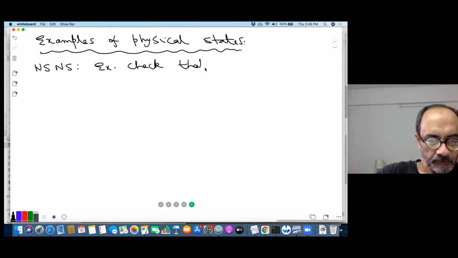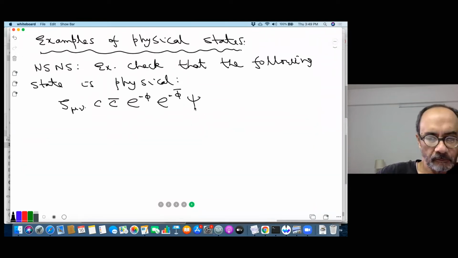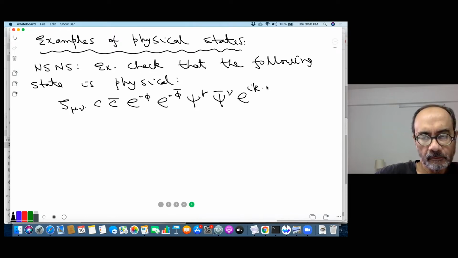Check that the following state is physical. So to check this, you have to first make sure that it has the correct picture number. It does, because it's -1, -1.